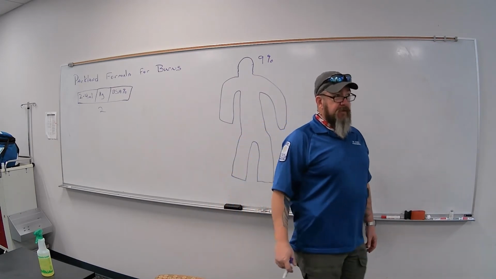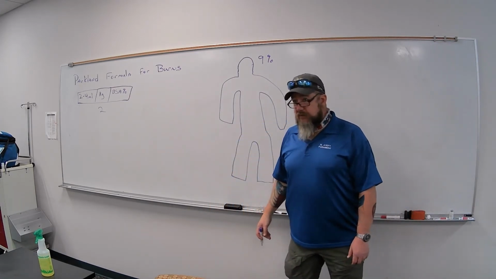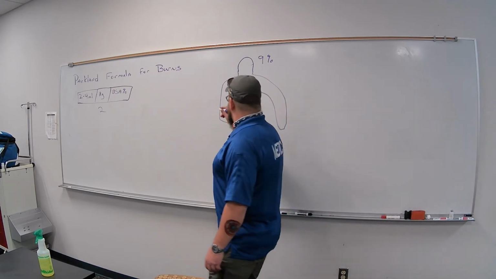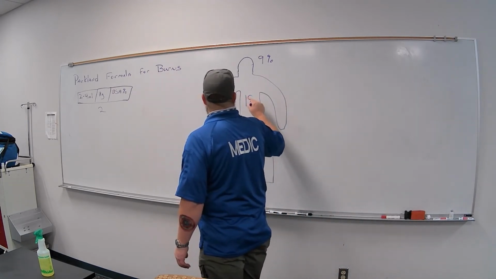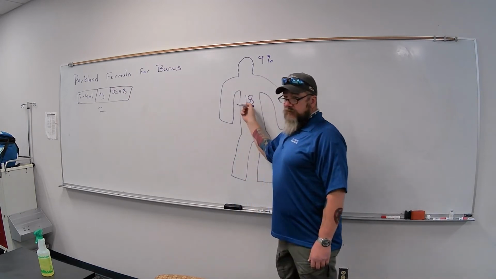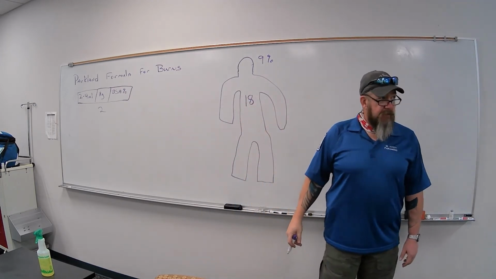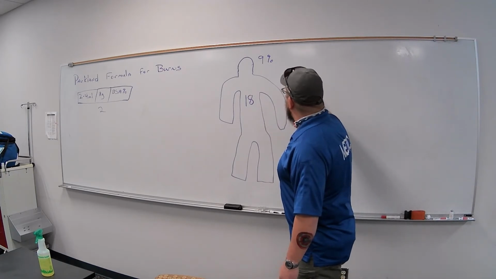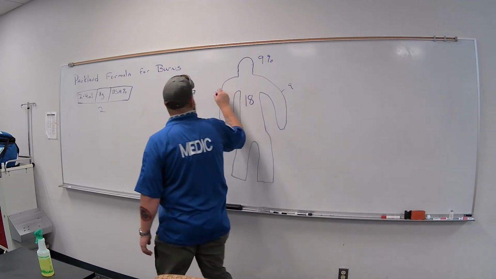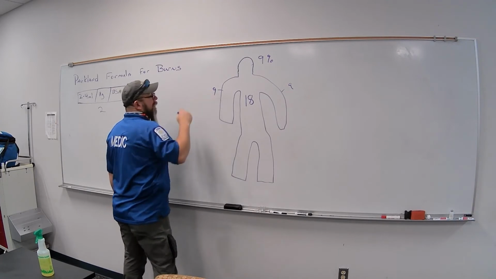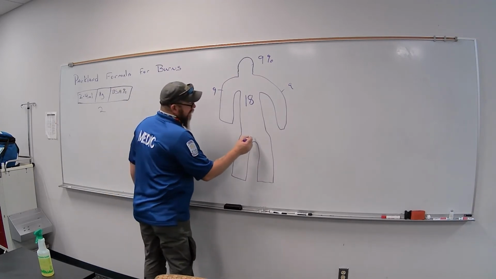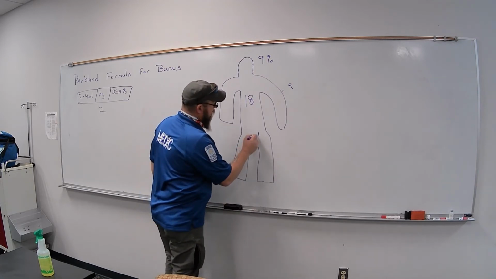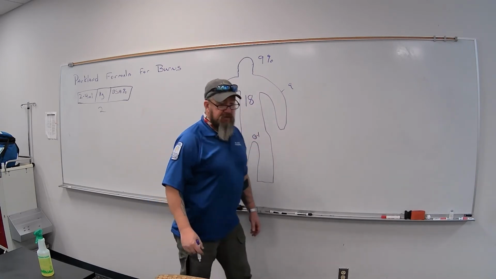I like it when it's broken down more, like 18% for the front, or for the arms 9, 4.5 each. 9% for the arms. You get 1% for the groin area, doesn't matter how big you are. That's just the front.